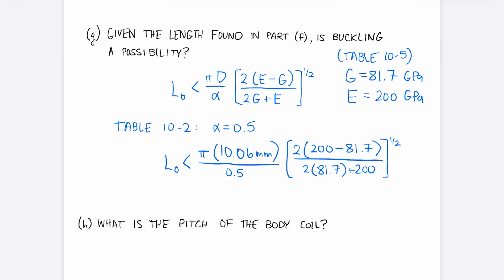Okay, so let's plug all this in. 2 times 200 minus 81.7 divided by 2 times 81.7 plus 200, and all of that square rooted.